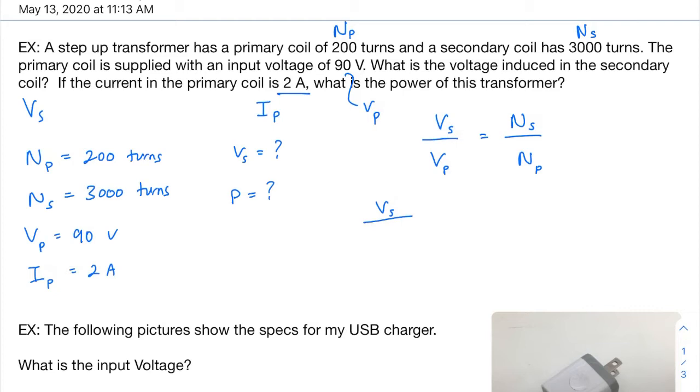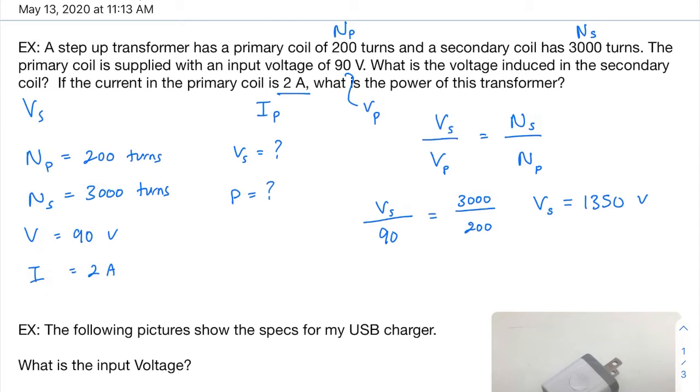I'm looking for Vs. My Vp is 90, and the number of turns in my secondary is 3,000, and the number of turns in my primary is 200, and so you would just get out your handy dandy calculator, figure out what the voltage of the secondary is, and that comes out to 1,350 volts. And that makes sense because if I have more turns in my secondary coil, that means I'm going to have a larger voltage.